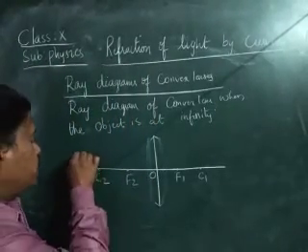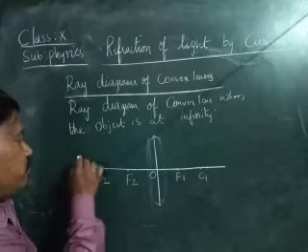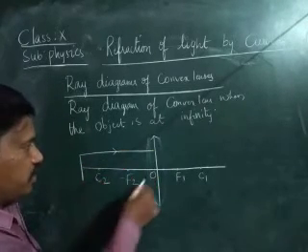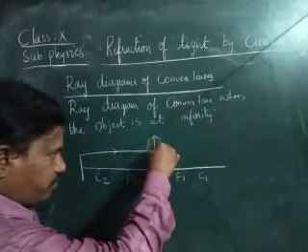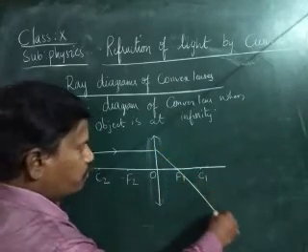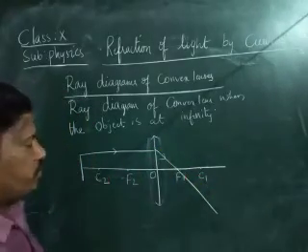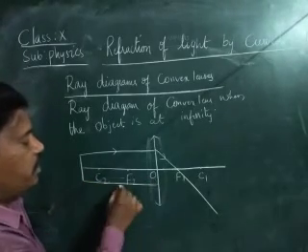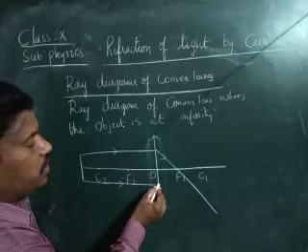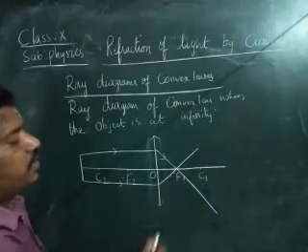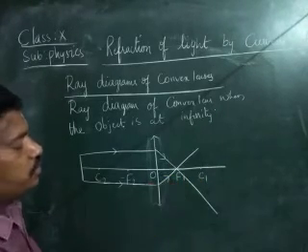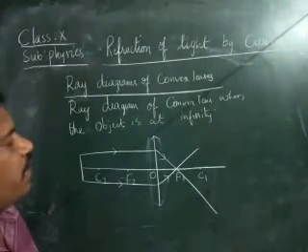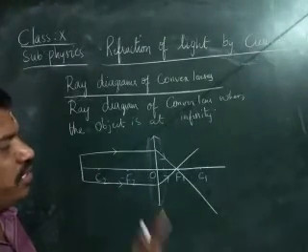Okay, when the object is at infinity. Light ray traveling parallel to the principal axis, after refraction, it passes through the focal point. As in the case of the object at infinity, normally we use only the first rule.